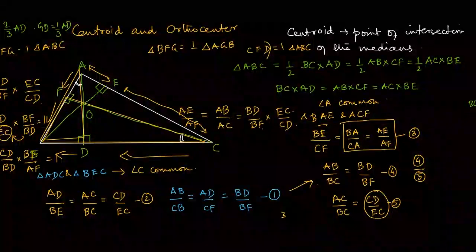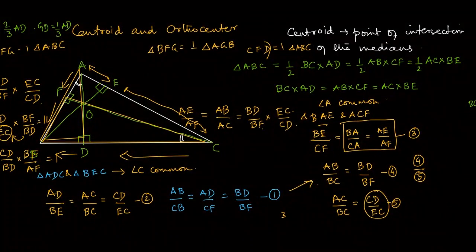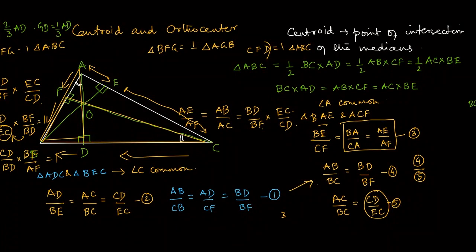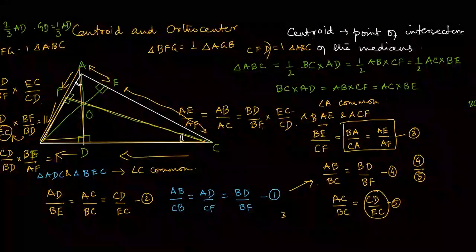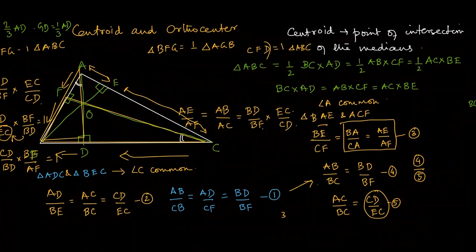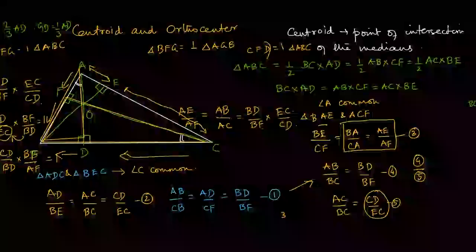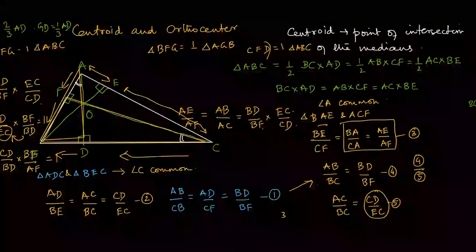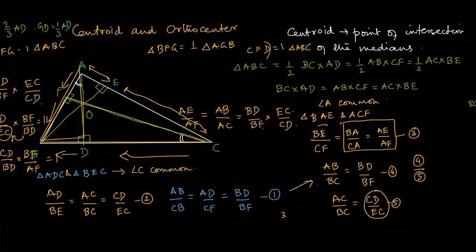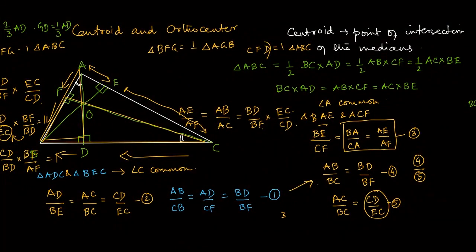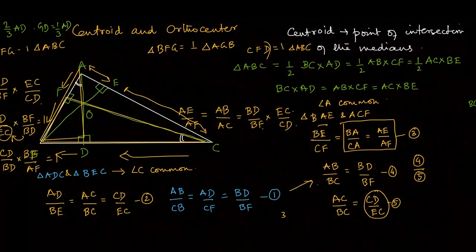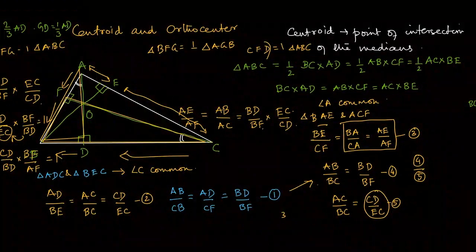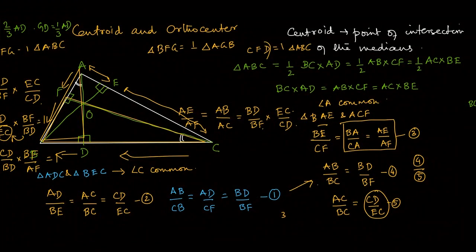You will be told that ABC is a triangle such that D, E, and F are the bases of the altitudes from the respective vertices, and you'll be given the value of five of them, and you'll be asked to find the value of the other one. That could be one possibility. There are numerous possibilities in this.